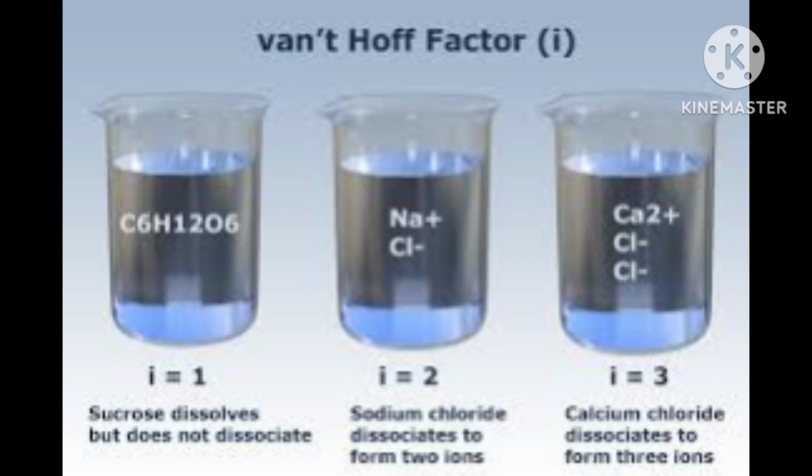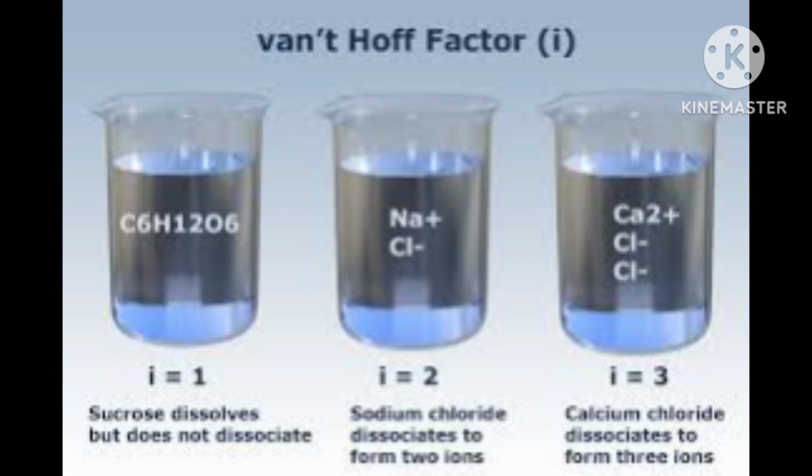The factor i is defined as normal molecular mass divided by abnormal molecular mass. Then some factor will come, 2, 3, like you have seen.